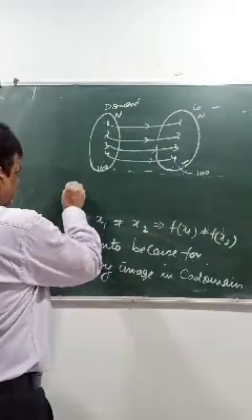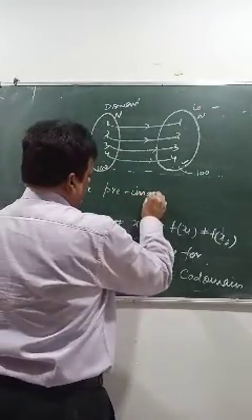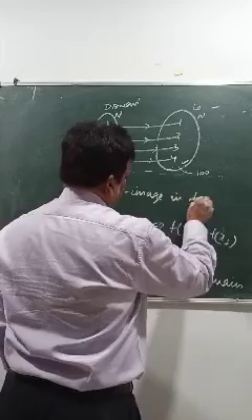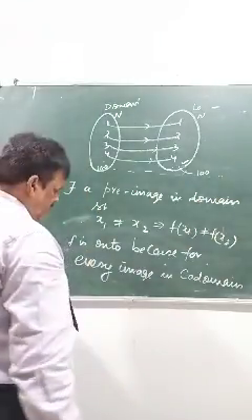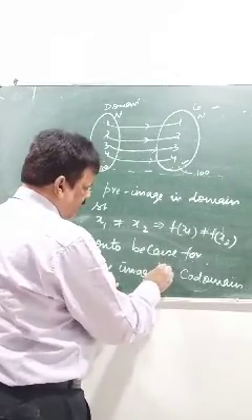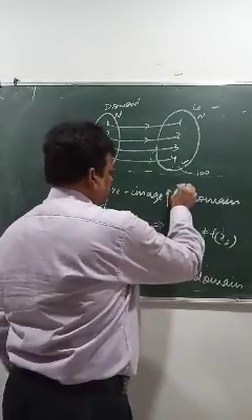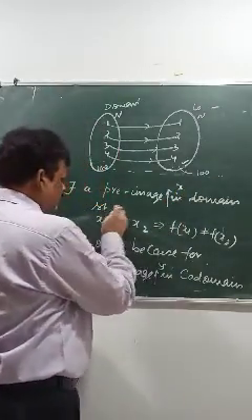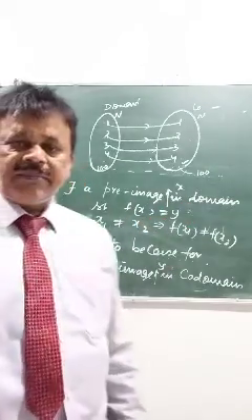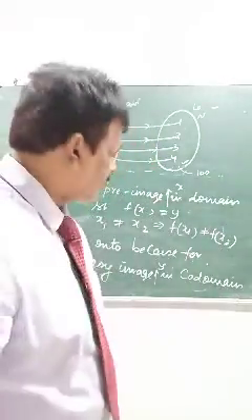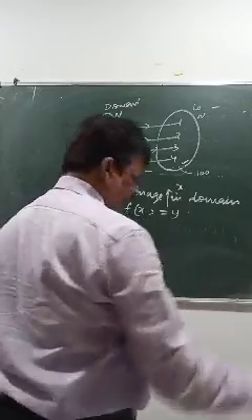You can write: for every image y in the codomain, there exists a pre-image x in the domain such that f(x) equals y. So it became one-one and onto. Therefore it is a bijective function.